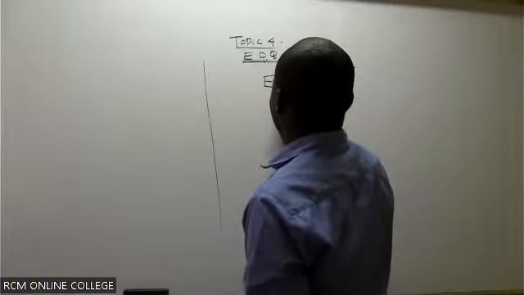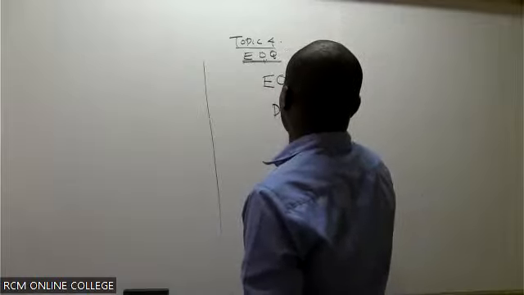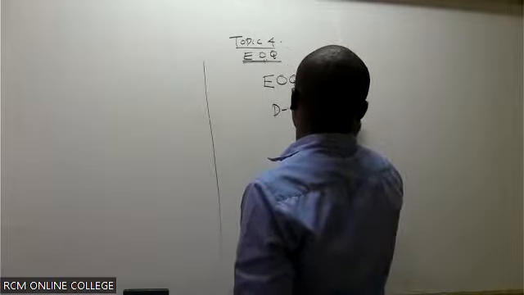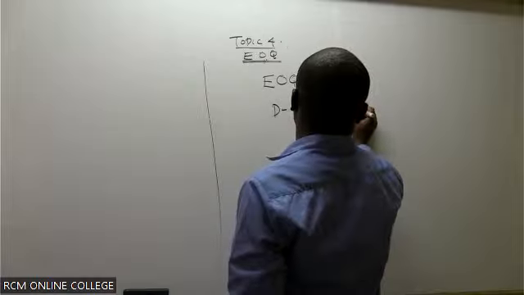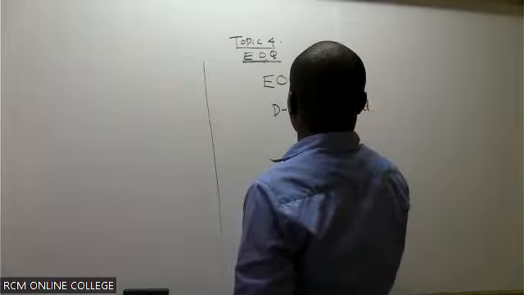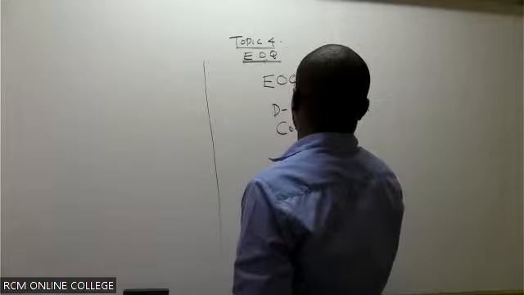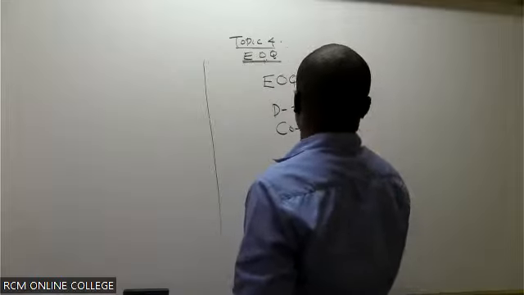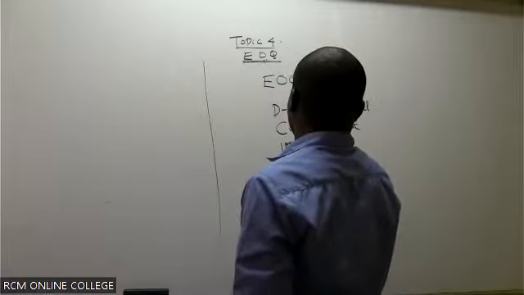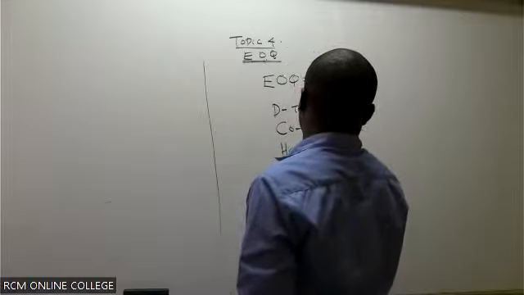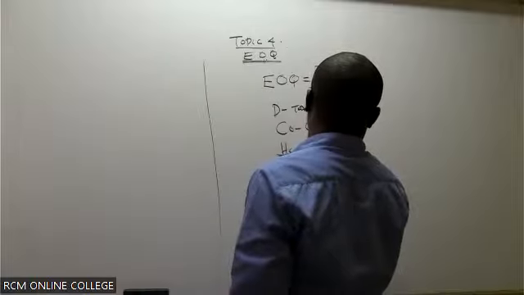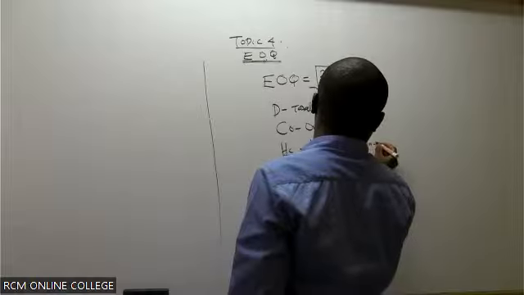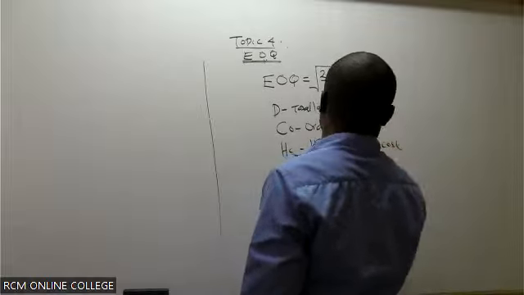that D is the total or annual demand, CO is the ordering cost, and HC here is basically the holding or carrying cost.